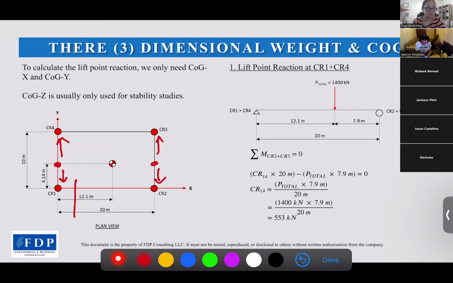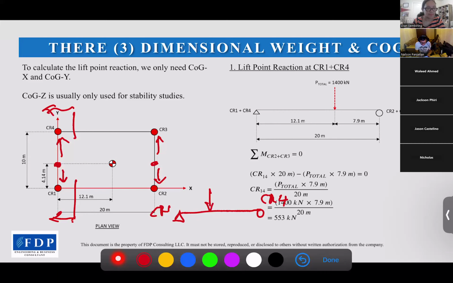So I will look in this direction. Crane 1 will be sitting at the left, while crane 4 will be sitting at the right side.